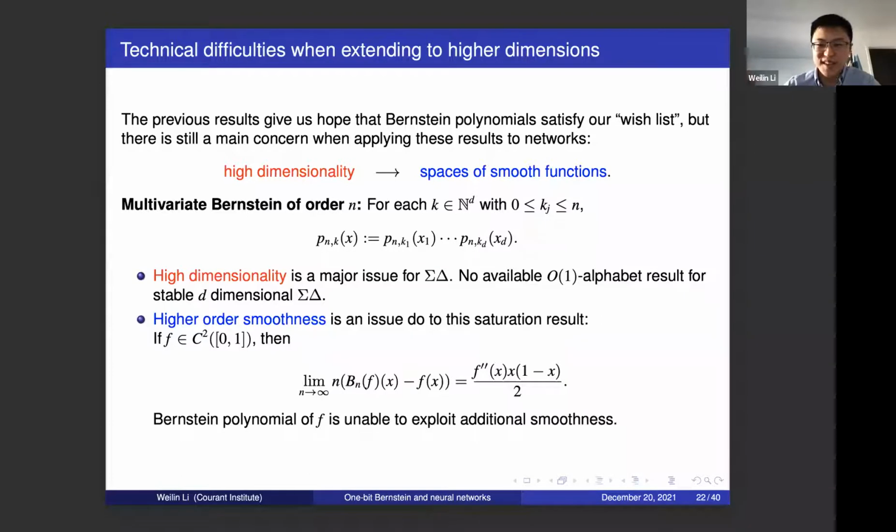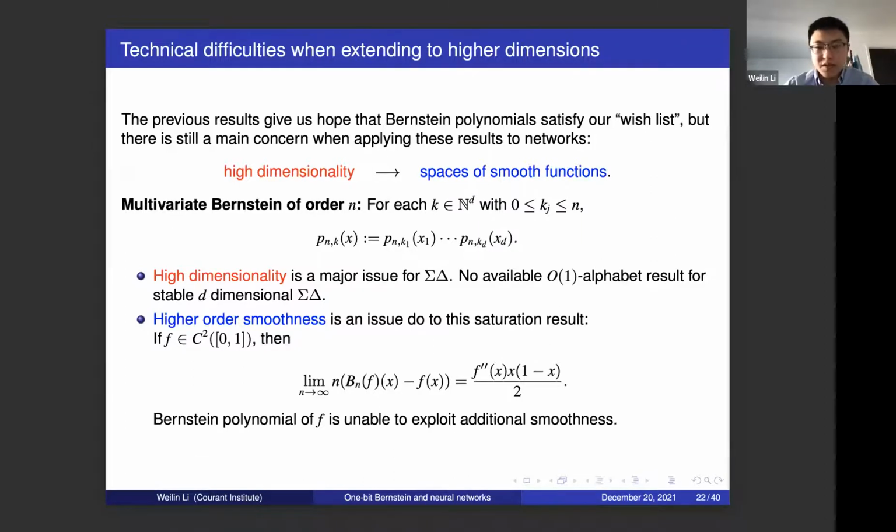Once you exceed, say, a 16-bit alphabet, then there's no advantage to sigma delta. You would just do regular rounding at that point. So this is a huge issue because D in all of these applications is at least like 1,000.